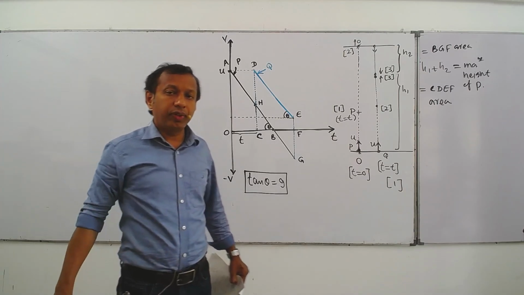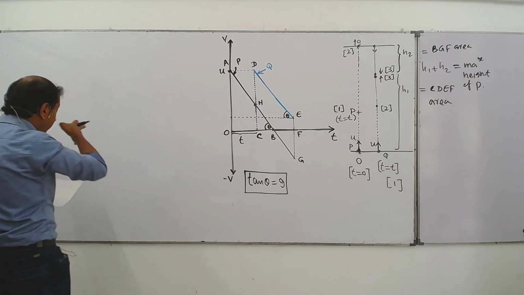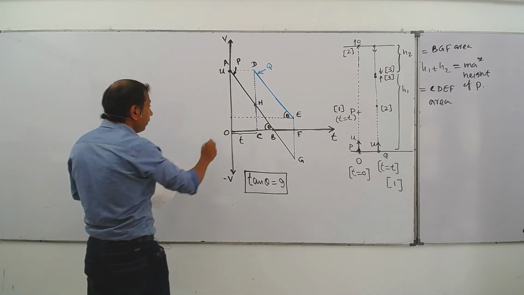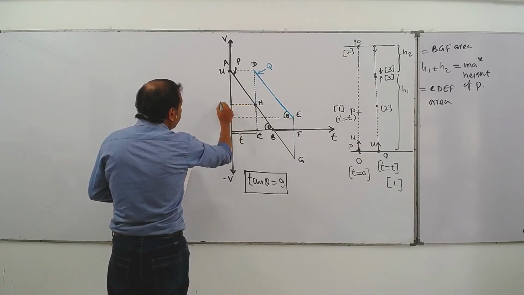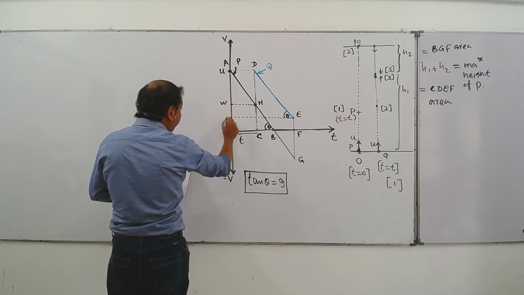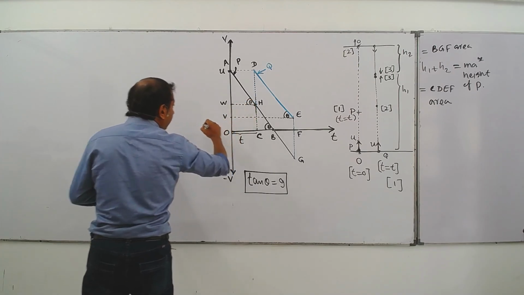So, from there we can start the discussion now. Okay? Then we can write. First of all, I'll take this velocity I need. I'll take this velocity as W and this velocity as V. This is theta.